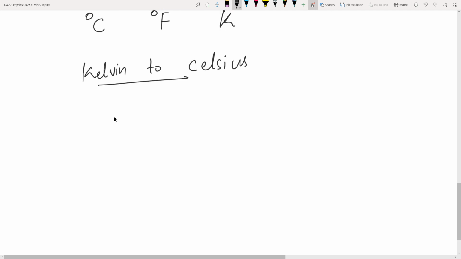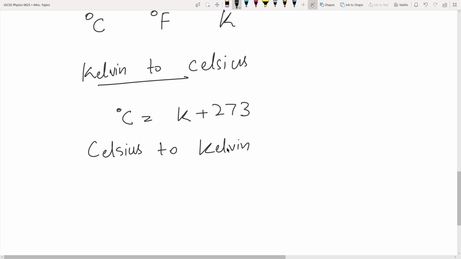Degree Celsius is going to be Kelvin minus 273, right? And from Celsius to Kelvin, Kelvin is equal to degree Celsius plus 273, as you can simply take this value around and get Kelvin out, right?